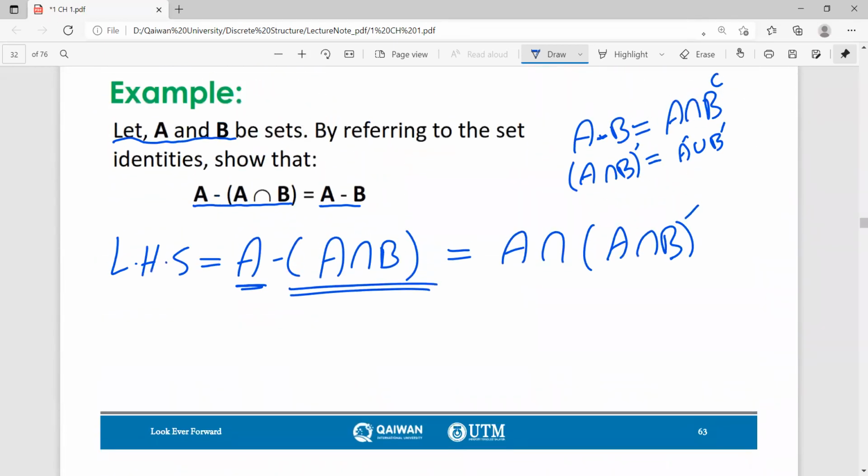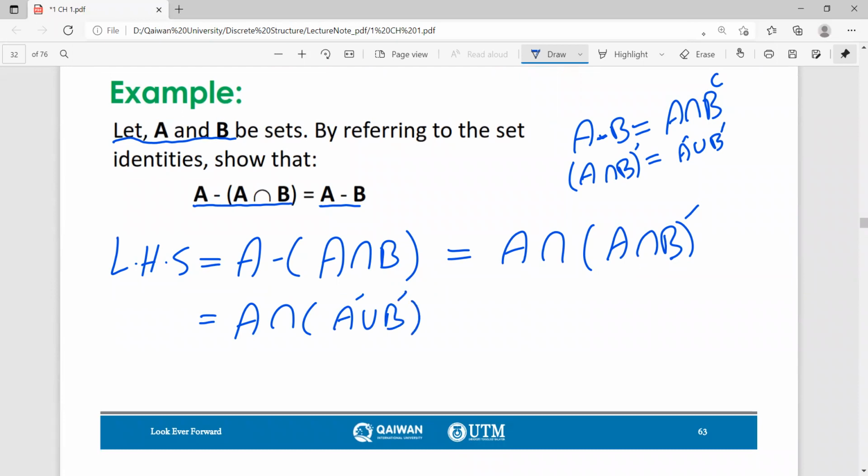So now this bracket becomes A complement union B complement. And we get A intersection A complement union B complement.